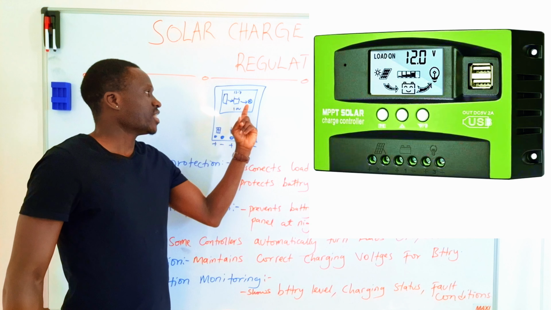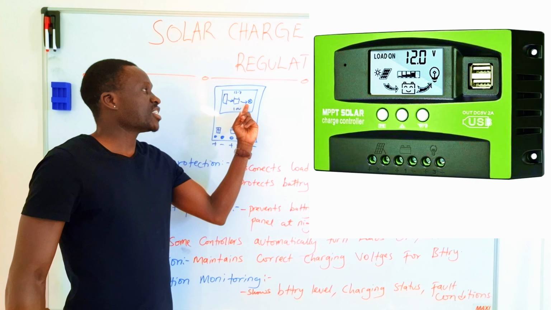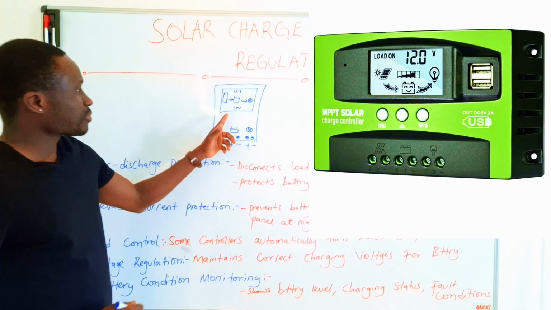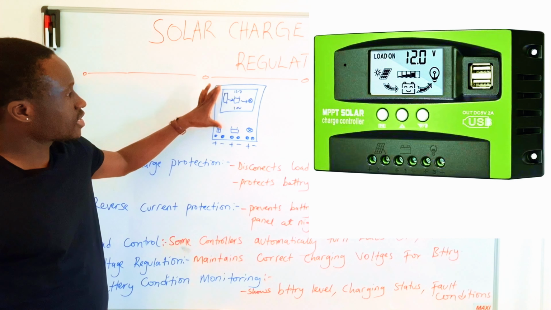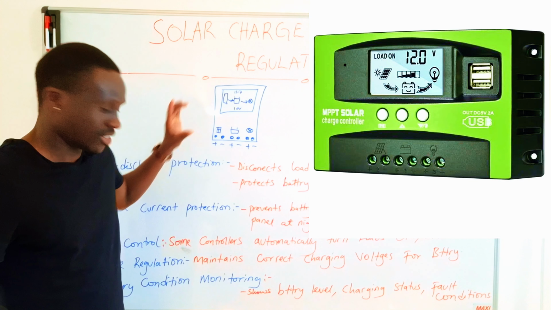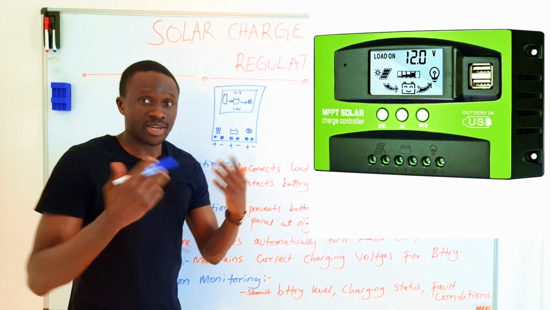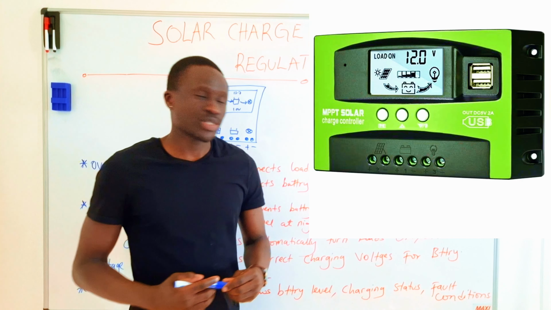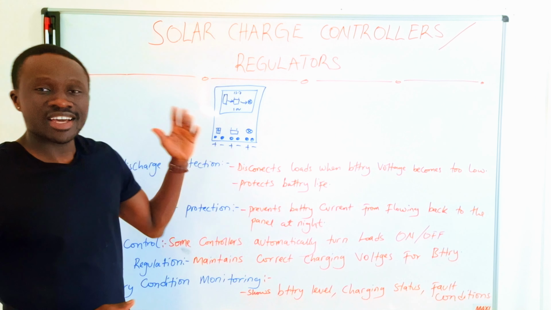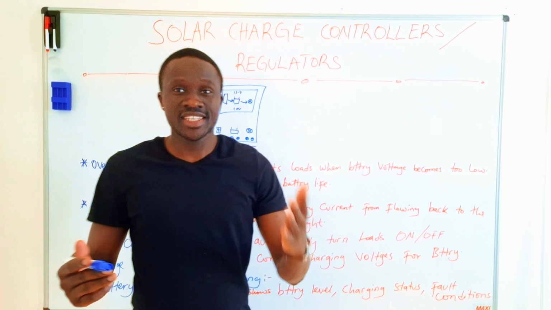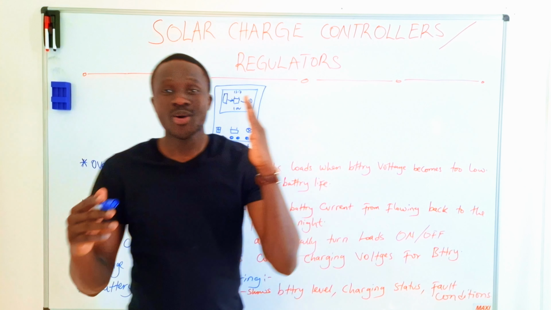Okay? It will say, if it disconnects, now, this is the way it detects the battery condition. Okay? That's how it monitors the battery condition. And this is how we have explained the functions of a charge controller.